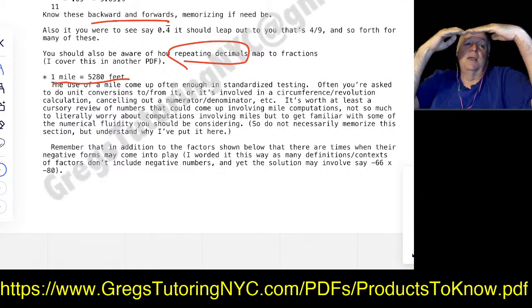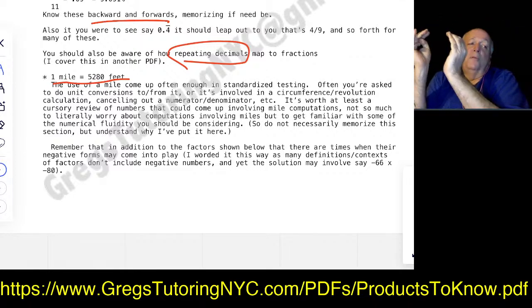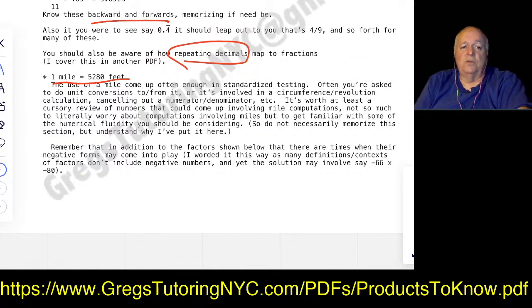They might put in parentheses, 1 mile equals 5,280 feet. So if that's all true, why am I giving it to you? Because it deals with your numeracy and fluidity again.